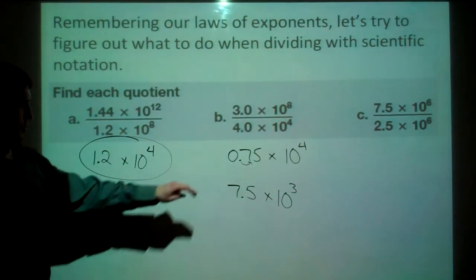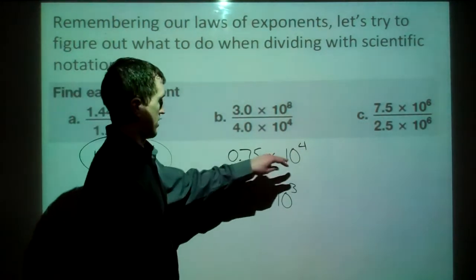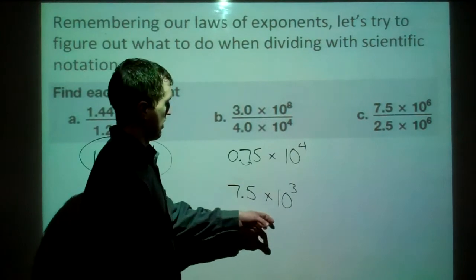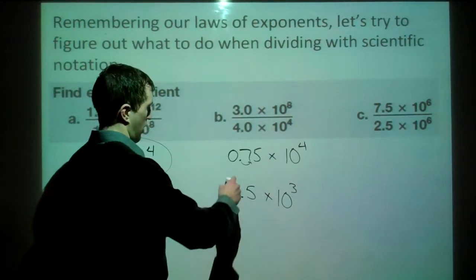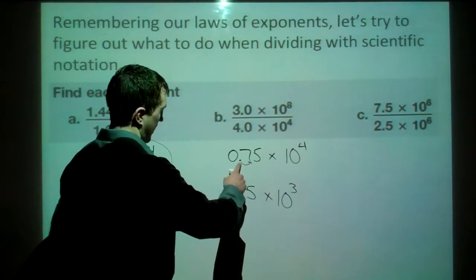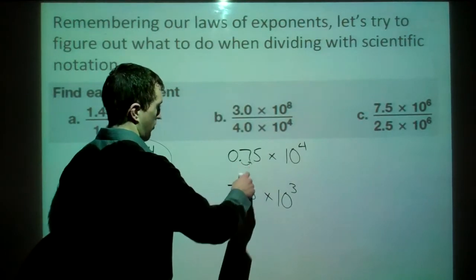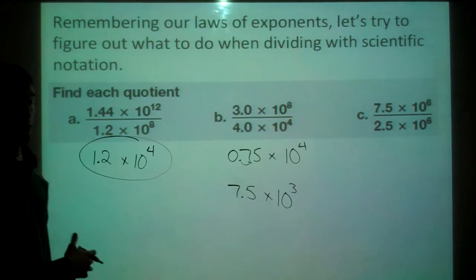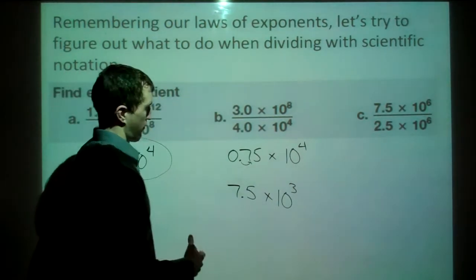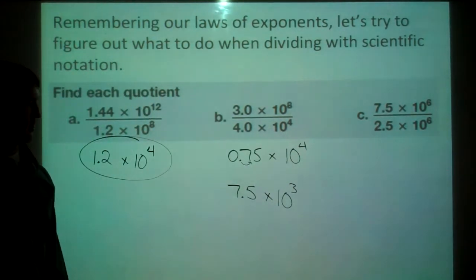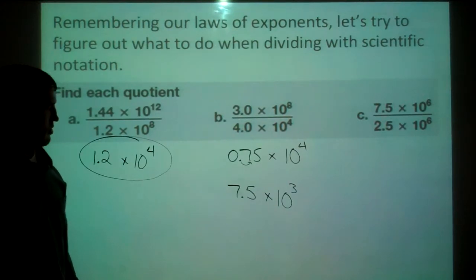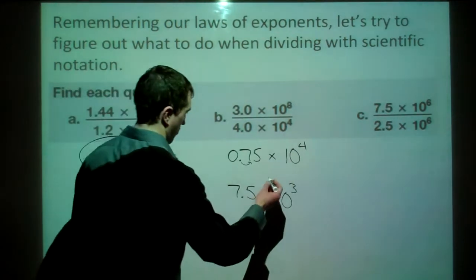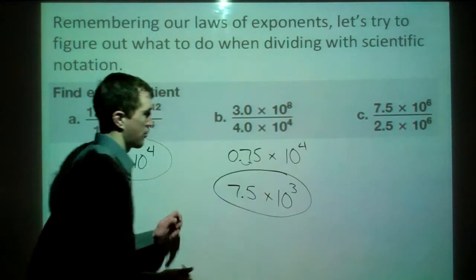If we did 0.75 times 10 to the 4th, you would get the same answer as if you did 7.5 times 10 to the 3rd. We are taking our decimal and shifting it over 1. So basically we're taking one of those tens away, as opposed to before when we were adding a 10 to it.